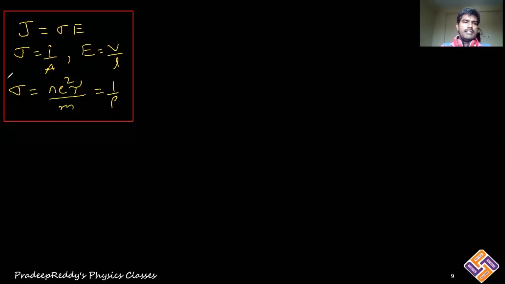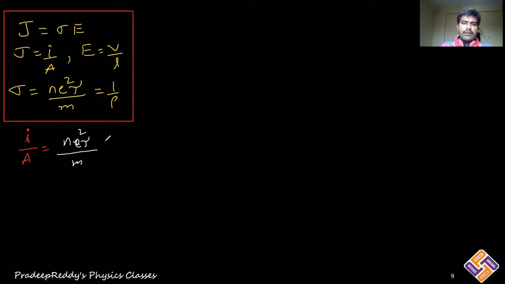Students, we have derived these equations. Now let me write down J is equal to I by A in this expression and E is equal to V by L. So how do you write that? J is I by A, which is equal to sigma, it is n e square tau divided by m, and what is E?